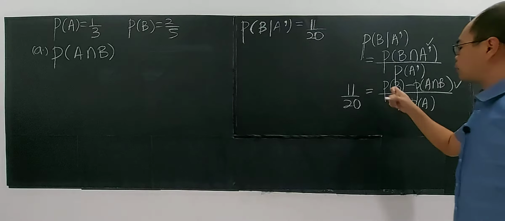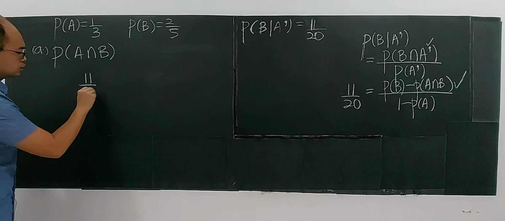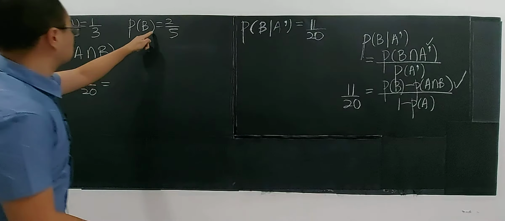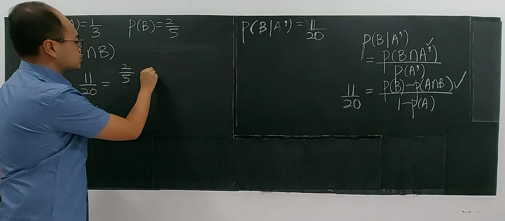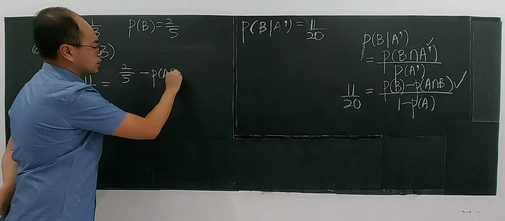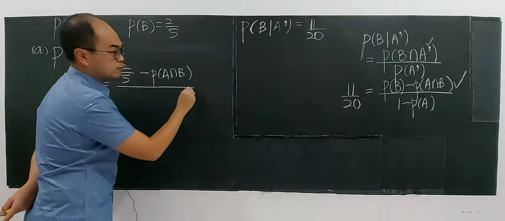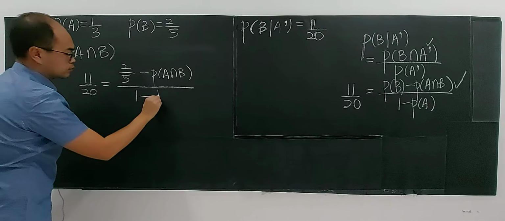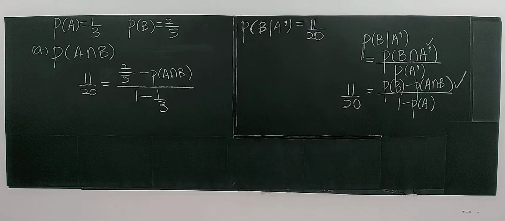So 11 over 20 equals the probability of B, which is given to be 2 over 5, minus the probability of A intersect B, which is what we want to calculate, divided by 1 minus P(A). P(A) is 1 over 3. With all this, you can already find the value of the probability of A intersect B.